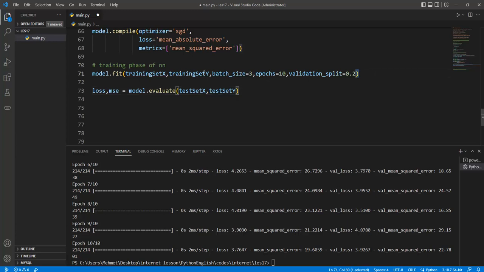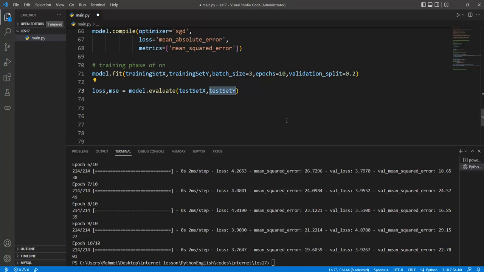Because if we train on the whole training set x and training set y, the algorithm already fits this data, but it's important to test our algorithm with unknown data. Okay, and so the test set x and test set y should be utilized in the evaluation mode.